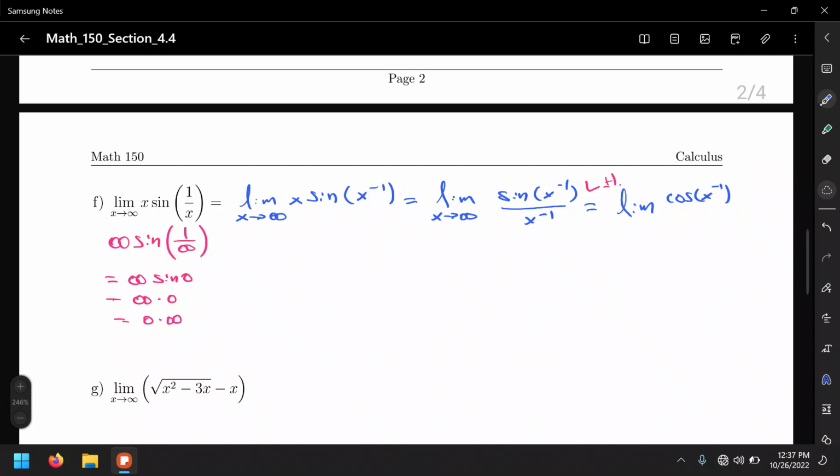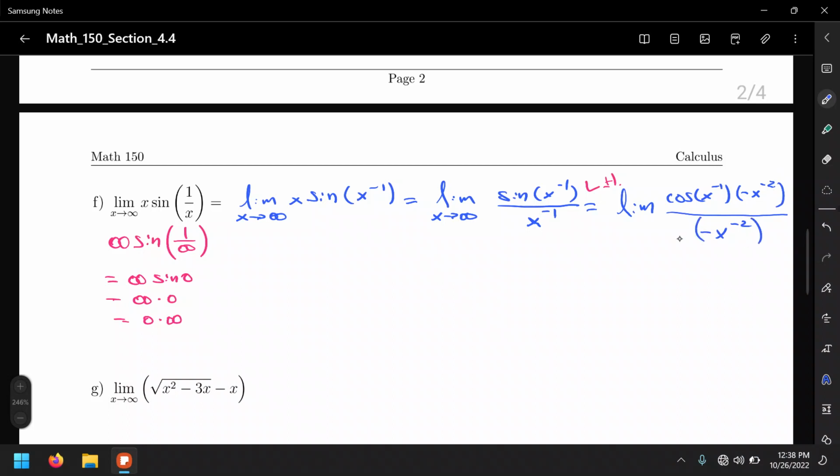Isn't that negative x to the negative 2? Sounds good. What about the denominator? The derivative of the denominator, x to the negative 1. Same, right? Negative x to the negative 2.